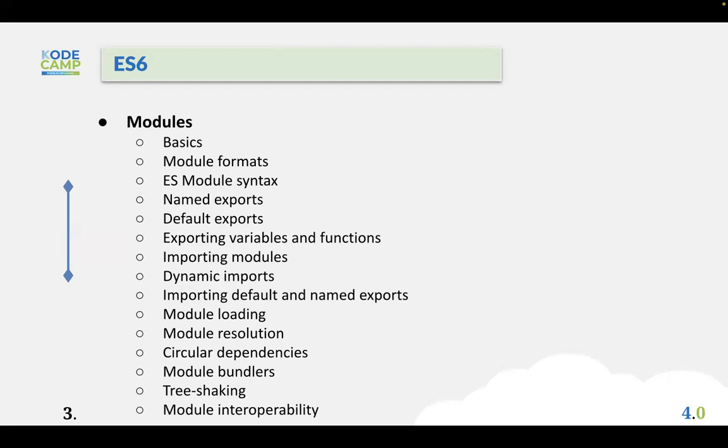If you are building a project and one of the modules is written using AMD, the other is written using ESM, that's where module interoperability comes in. So this has to be coupled in order to work.